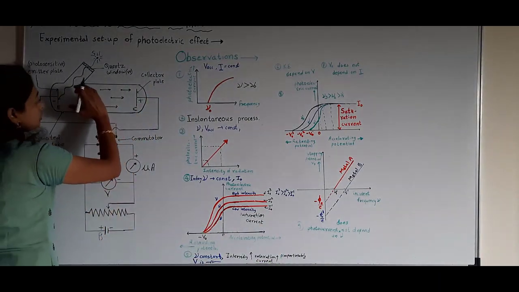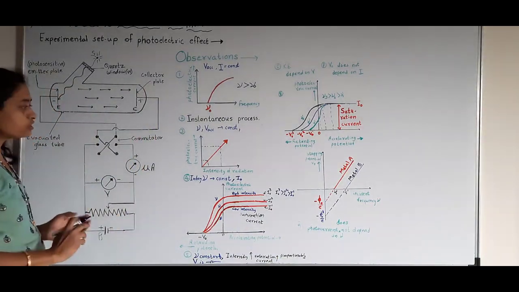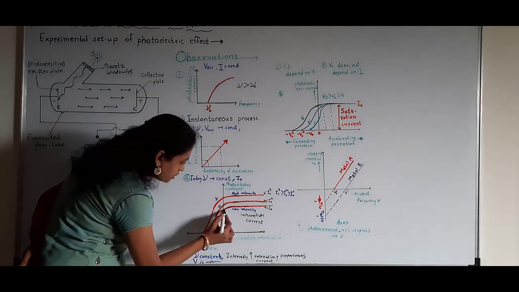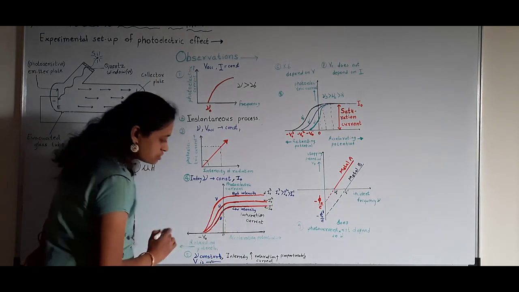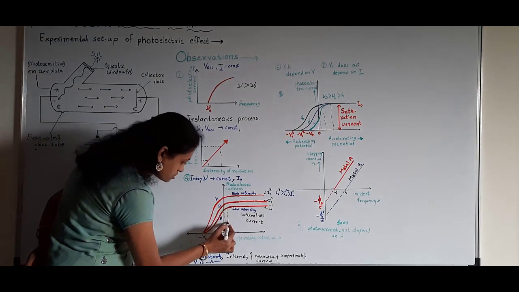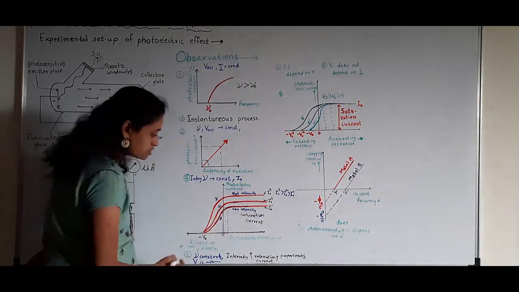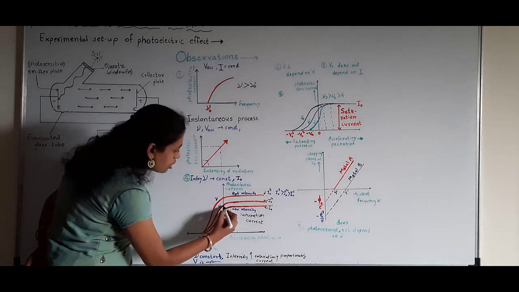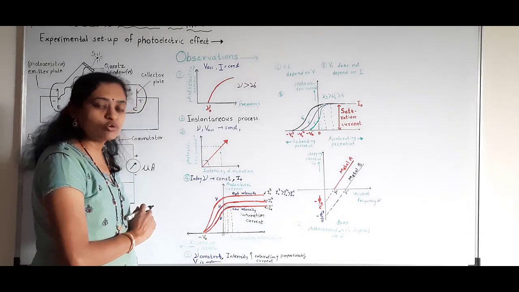Electrons are attracted towards the collector due to this potential difference, and therefore, as the accelerating potential increases, the photocurrent increases. Again, at this accelerating potential, the photocurrent increases.